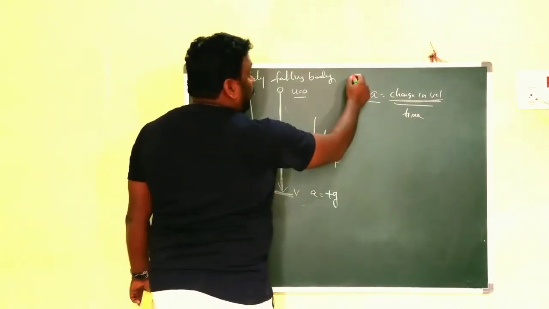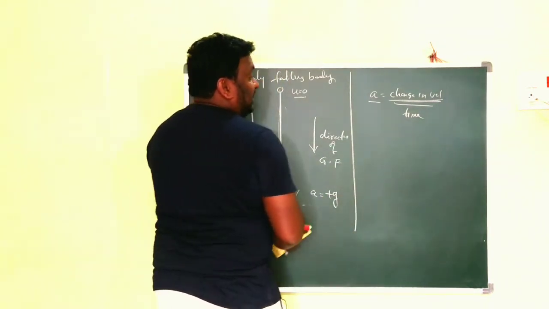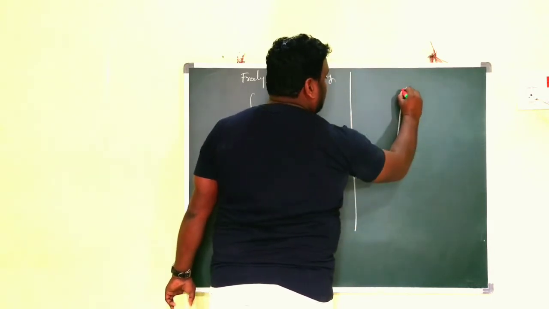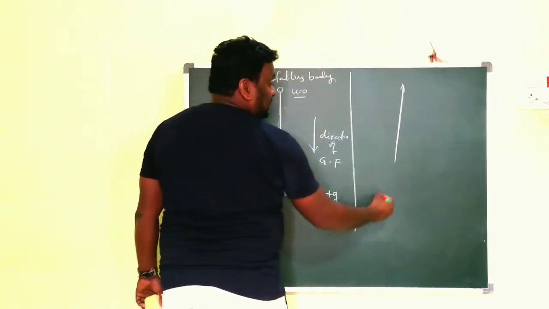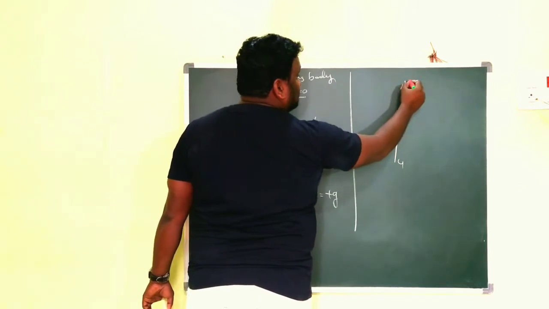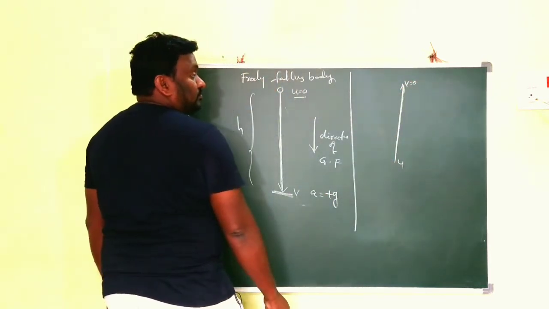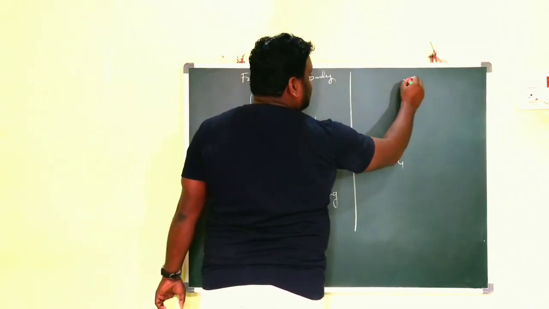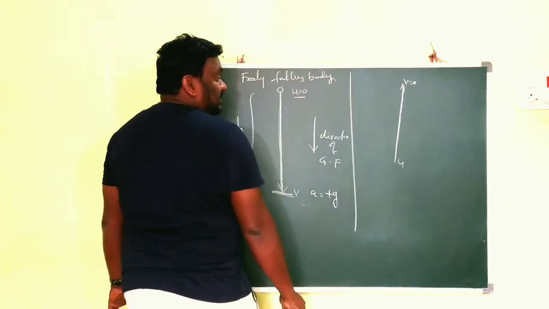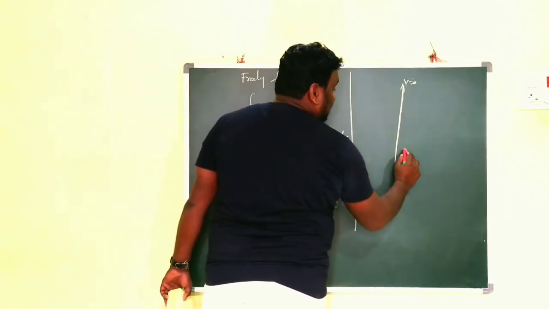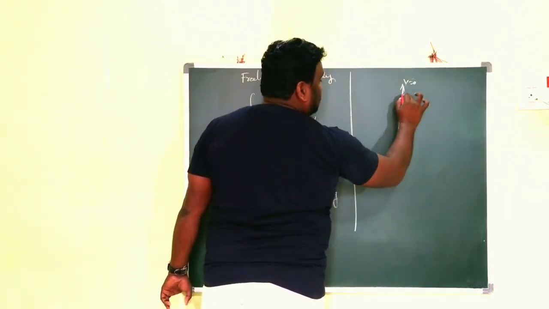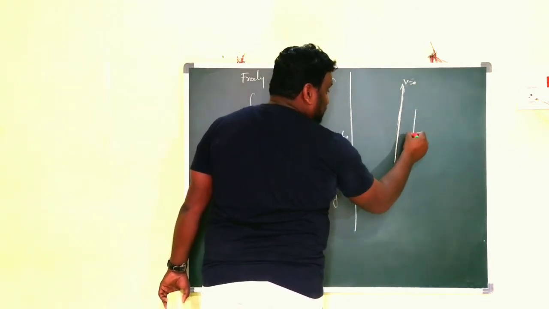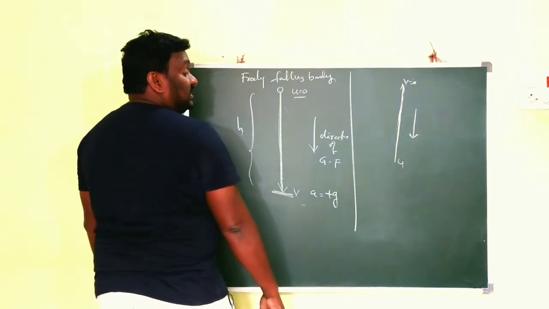Now in the case of a vertically projected body, here velocity is maximum, and at this point velocity is minimum. Later, in the coming video, we will discuss this very clearly. When the body reaches maximum height, the velocity becomes 0. In this case the body is going up but the gravitational force is downwards.